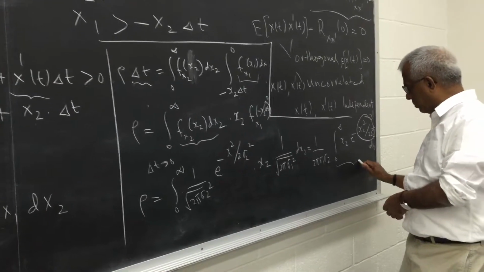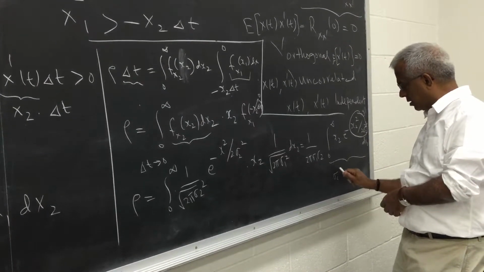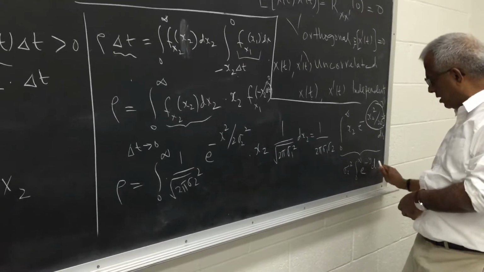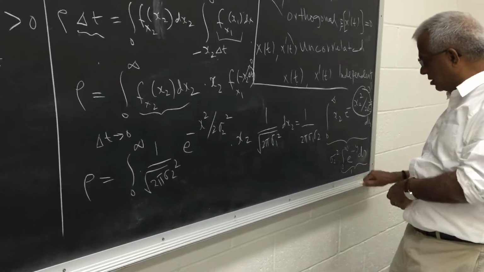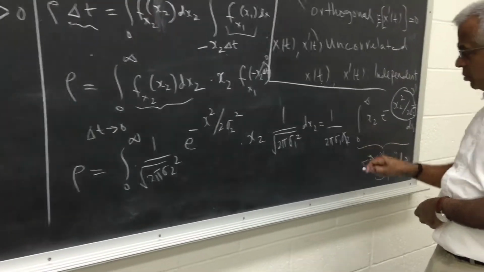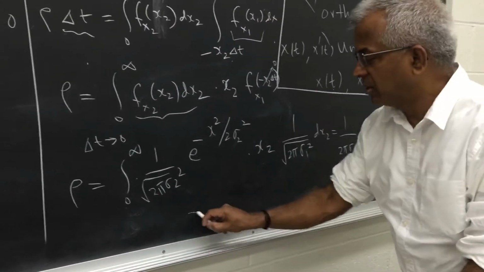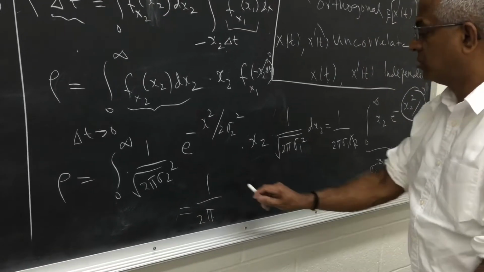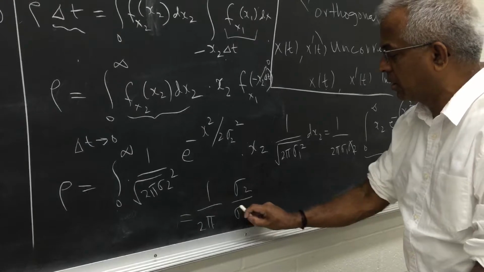So this can be replaced by sigma 2 squared times the integral from 0 to infinity of e raised to minus y dy. The integral answer is 1, and one sigma 2 cancels. So you get the rate to be 1 over 2 pi times sigma 2 over sigma 1.